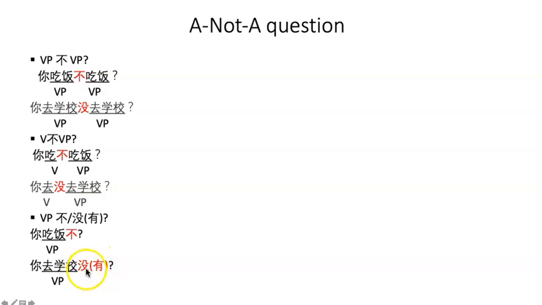Both are acceptable. It is also the third formal pattern of the A not A question, with only the verb phrase and no second verb phrase appearing after 没, but still an A not A question. So that's the verb phrase plus 不 or 没 pattern.